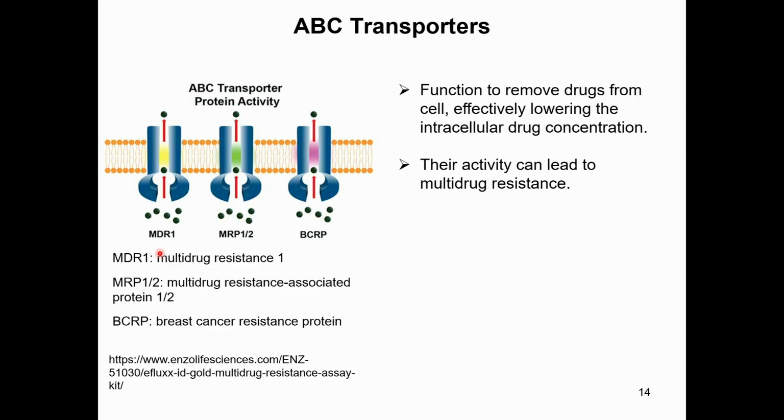MDR stands for multiple drug resistance, so MDR1 and MDR1/2 are two different drug resistance transporters, and BCRP stands for breast cancer resistance protein. What these molecules do is pump drugs back out of cells. So great, you have a drug that works, you get it inside the cell, and these ABC transporters, these MDRs, pump the drug right back out of the cell, so it can't work, unfortunately.